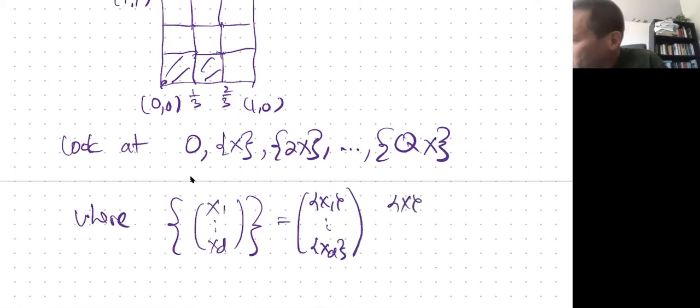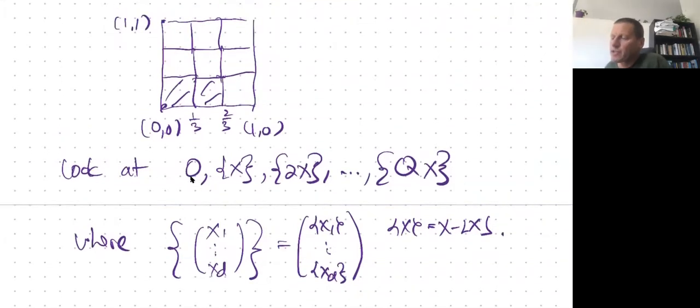Fractional part of a number is x minus the nearest integer from below. So basically what I'm doing is I'm taking x and reducing it mod 1. I'm taking 2x and reducing it mod 1, etc. Qx and reducing it mod 1.